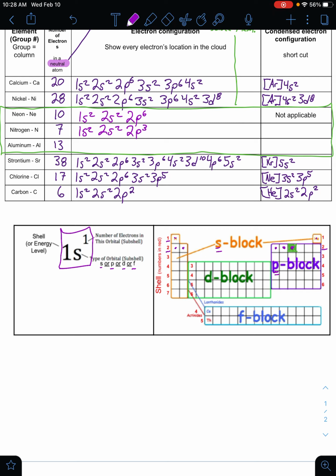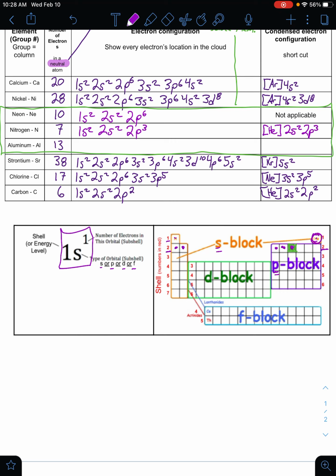Shortcut here, it's not really much of a shortcut, but the last noble gas was helium. So you put helium in brackets and say from there on out you had 2s2, 2p3.